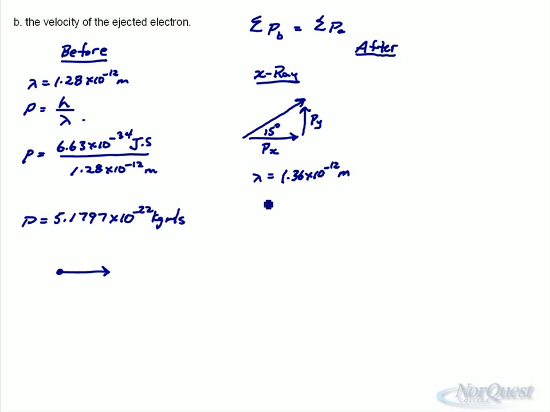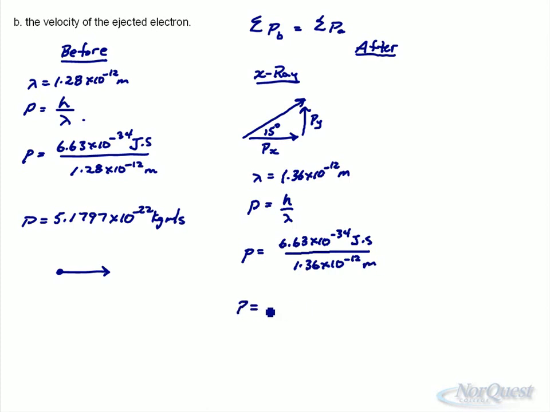Lots of work involved. Right back to Unit 1. Just a different formula. Momentum equals h over lambda. Momentum equals 6.63 times 10 to the negative 34 joule seconds divided by lambda, 1.36 times 10 to the negative 12 meters.